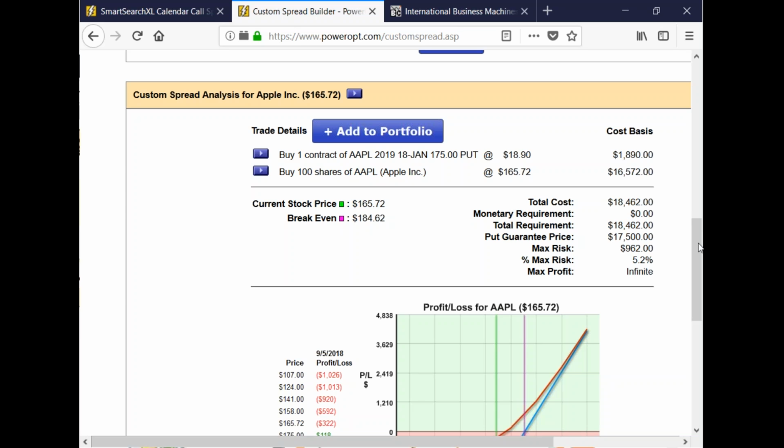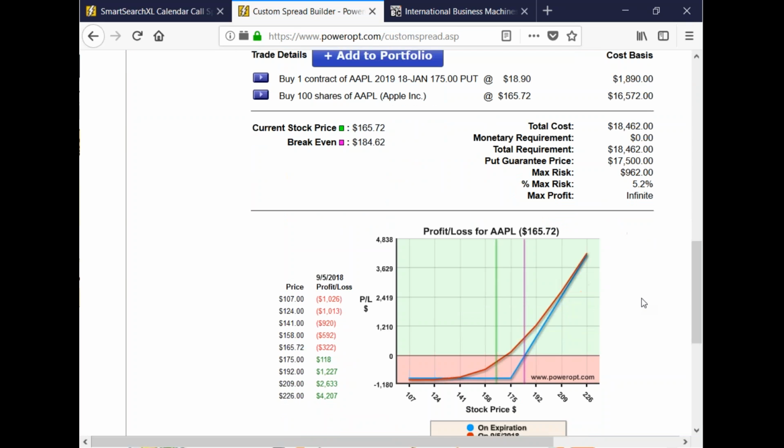Meanwhile, my married puts were only losing 4, 5, or 6%. But they're not parity trades because calls have the lie of leverage. Those 10% stock drops resulted in a 35, 40% drop on the positions. This married put, if Apple drops 10% in the first 15 days, I'm only looking at a 2 or 3% loss in this position, not even the full loss of 5.2. I can stomach that, readjust, and move forward.